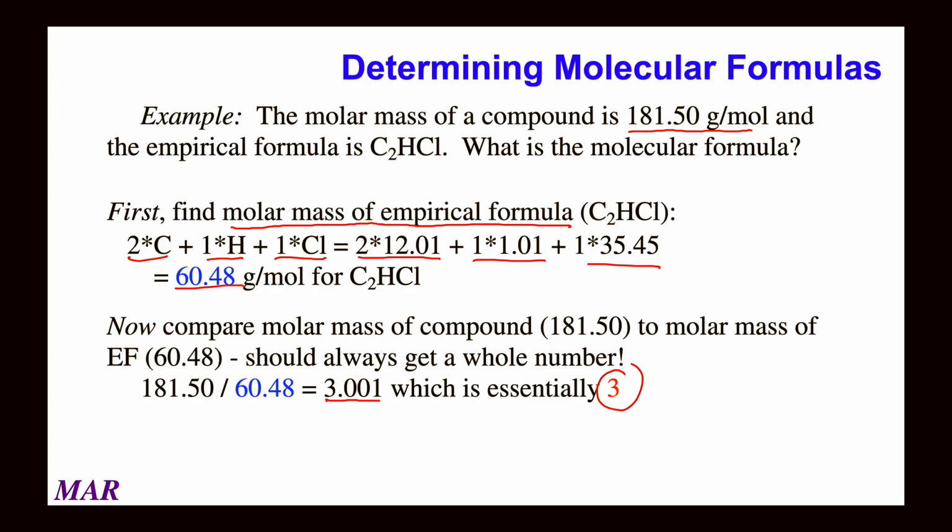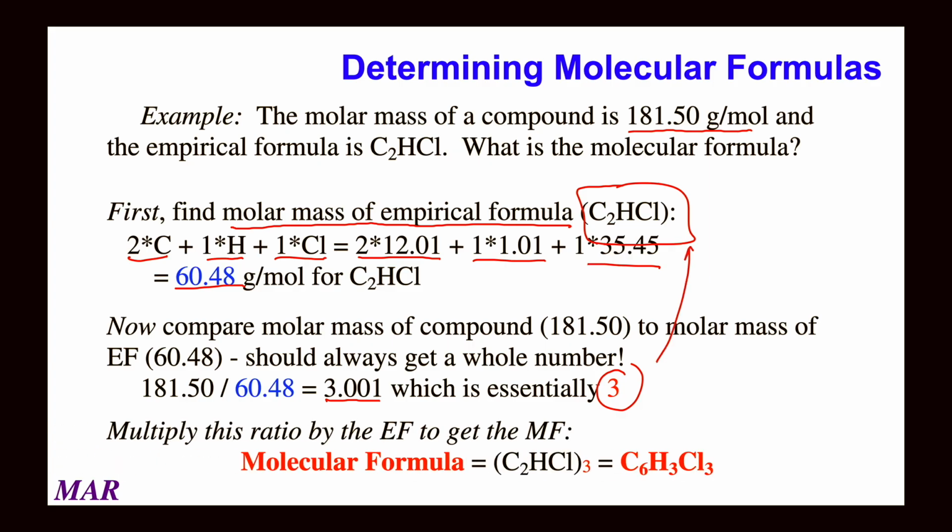To find the molecular formula, we're going to take that empirical formula and multiply it by 3. So in this problem, C2HCl taken 3 times means that the molecular formula is C6H3Cl3.